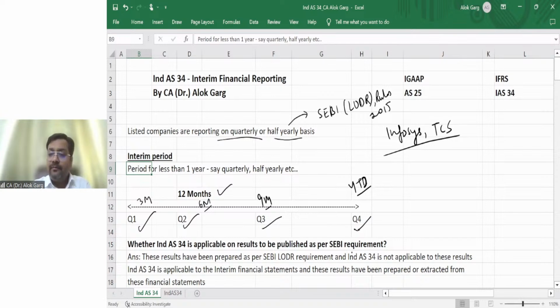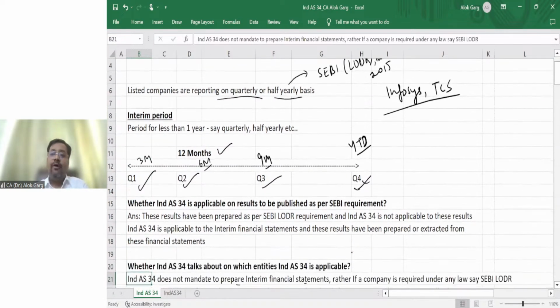And the companies, as per SEBI LODR, are also required to publish the Q4 results for the quarter and the yearly results. So this is known as the interim period, a period of less than one year. Now, one question: whether Ind AS 34 is applicable on results to be published as per the SEBI requirement.